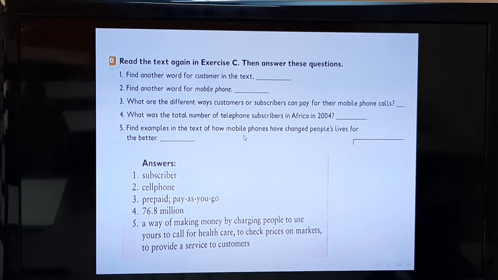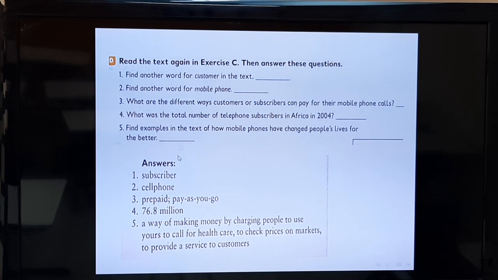Here you have an important sentence: underline it. Mobile phones have changed people's lives. True or false: mobile phones have changed people's lives for the better. And you should be careful with the answer.